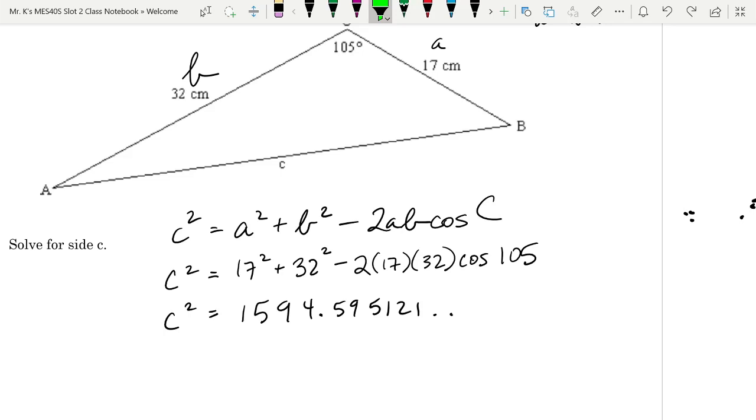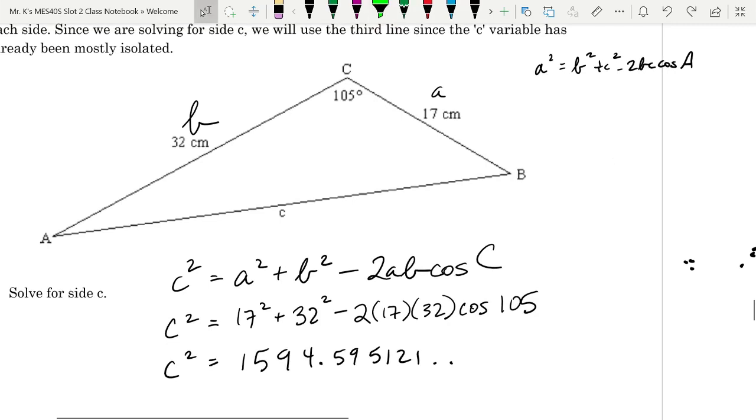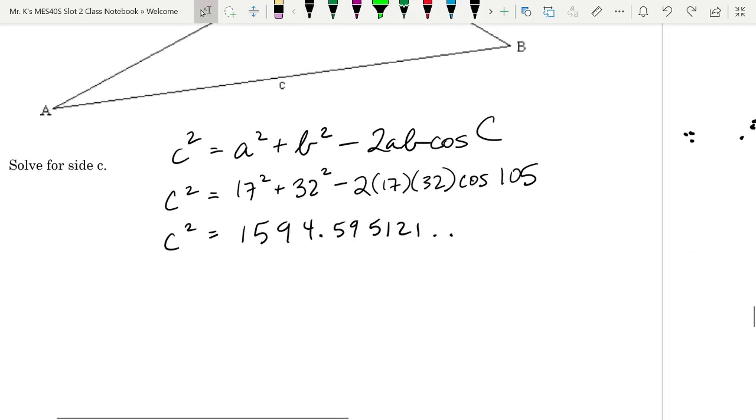All right, so, C is the longest side, but does it really look like it's long enough to be 1,594 centimeters long when this guy's only 32 and this guy's only 17? I kind of think maybe that's not the right number. Oh yeah, I got one more step. What's my last step? Square root. I don't want to know what C squared is, I want to know what C is.